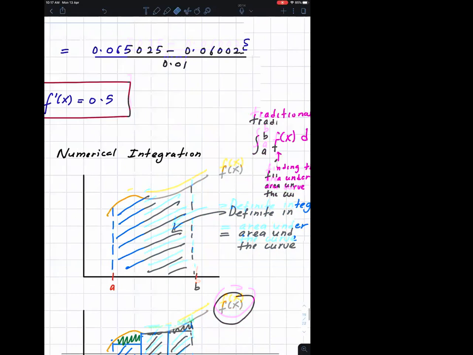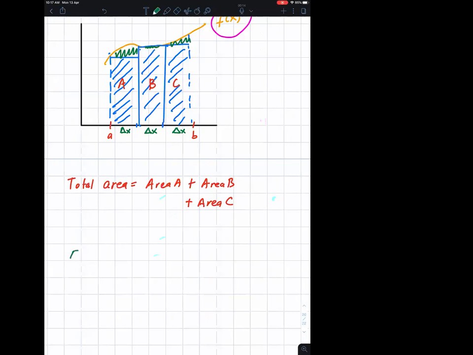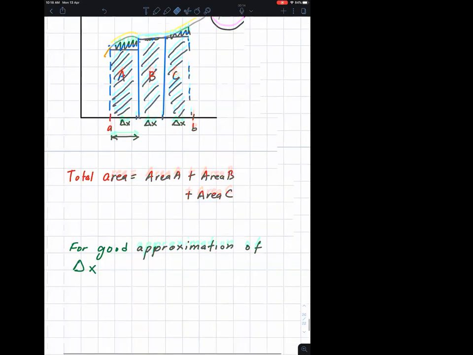For good approximation of delta x. What is the delta x? Delta x is the width of each of the intervals here, right? That's delta x. So it's already mentioned. For good approximation, delta x must be small.